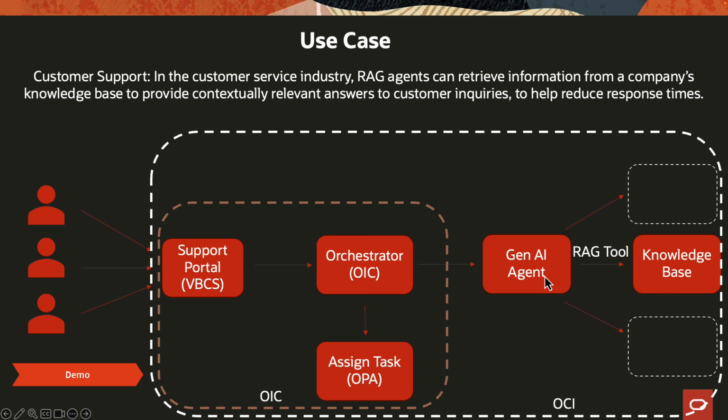The integration then calls the Gen AI agent, which looks up its knowledge base and tries to find an answer. If not, it returns saying that a human is required. And in case a human is required, the integration then assigns the task to the Oracle Process Automation workflow that we created. So this is just an example of how you can leverage Gen AI agents in your integration flows.